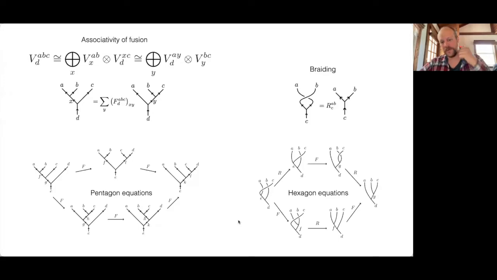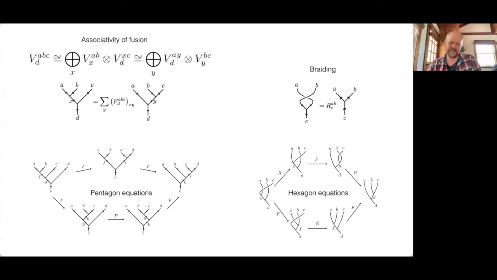Just to recap, if we want to come up with one of these unitary modular tensor categories, we first list out the anyons or charges that we're interested in. We postulate a set of fusion rules, and then we try to solve these 2 sets of equations. If we do that successfully, then we have a braided tensor category.